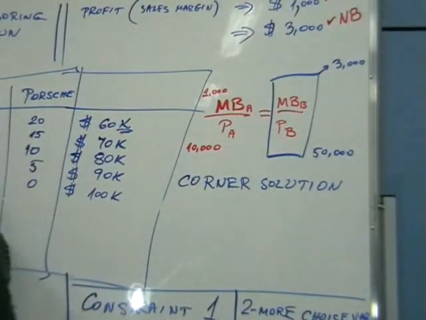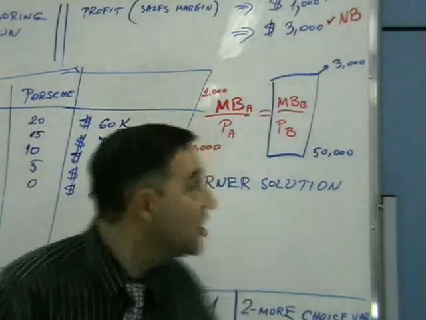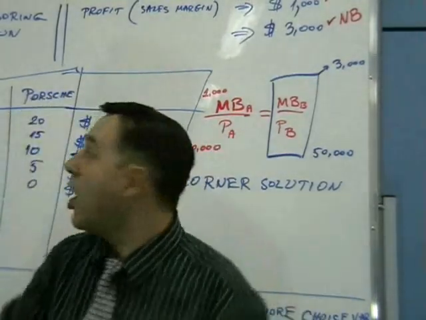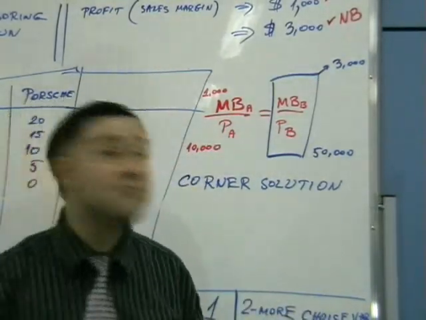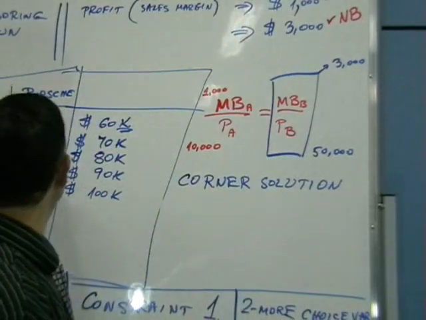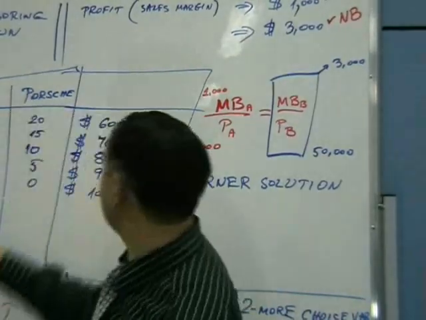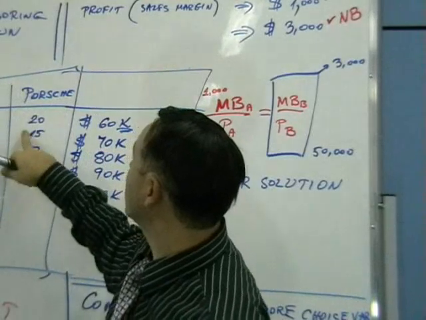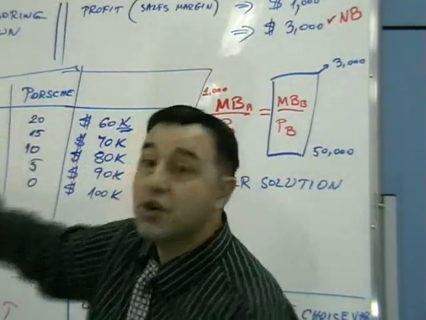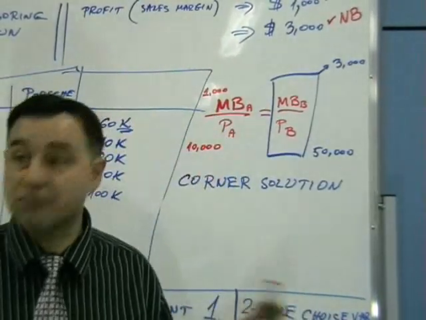And if you're in between 1 million and 5 million, you will get some other optimal solution of maybe 20 Porsches and 80 Chevys, right?